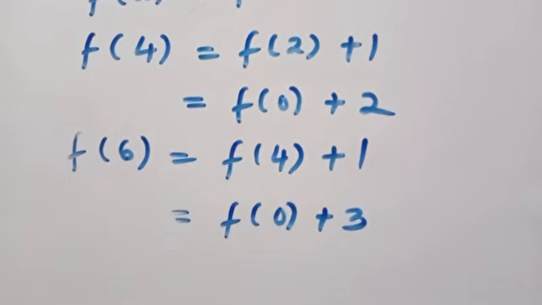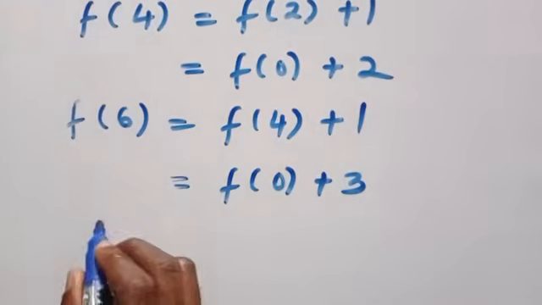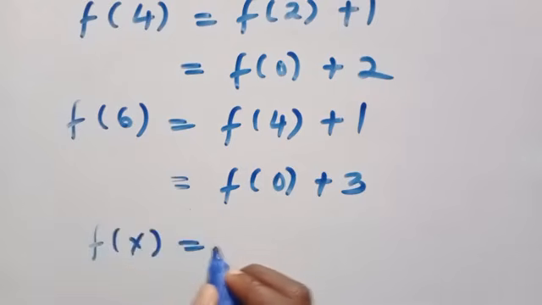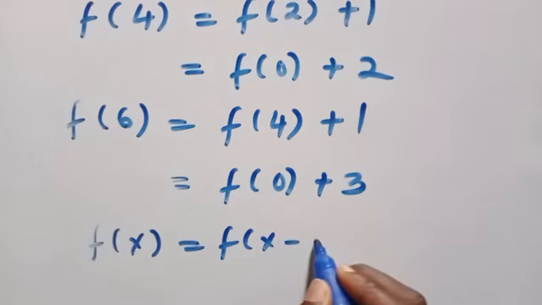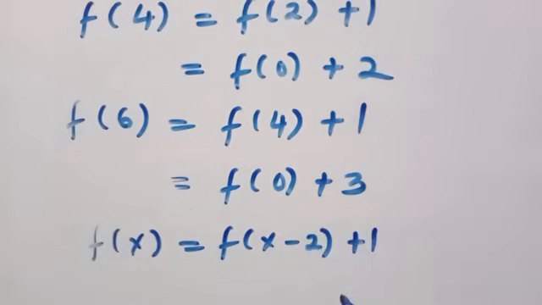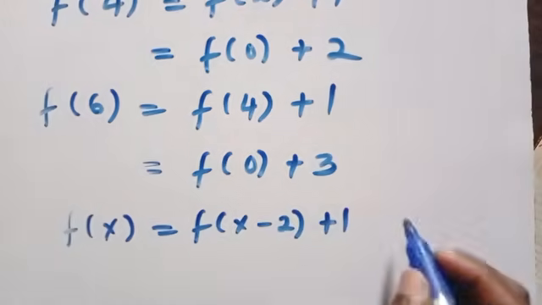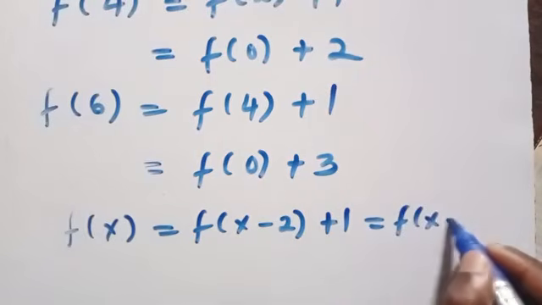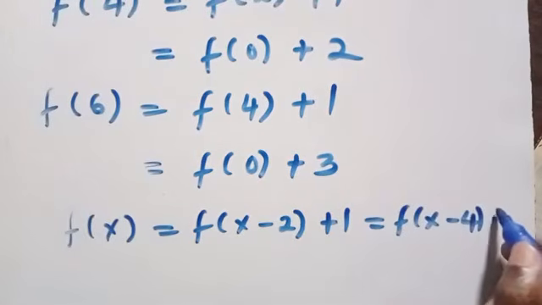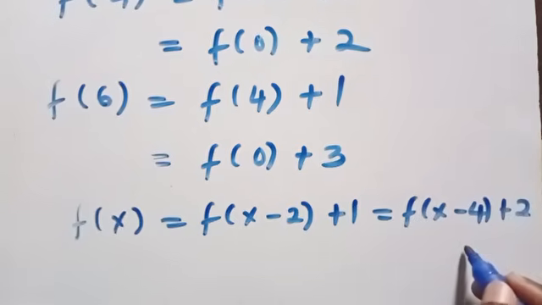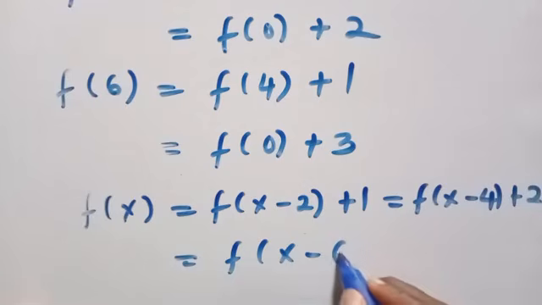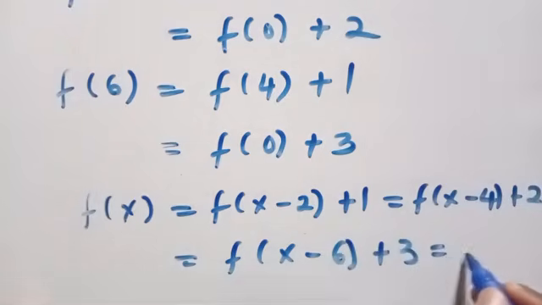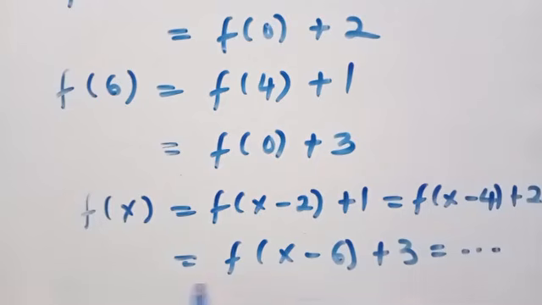To put it in a general form, we have f(x) = f(x-2) + 1. The next one will be f(x-4) + 2, and the next one will be f(x-6) + 3, and that is how it keeps going. So far we know this.